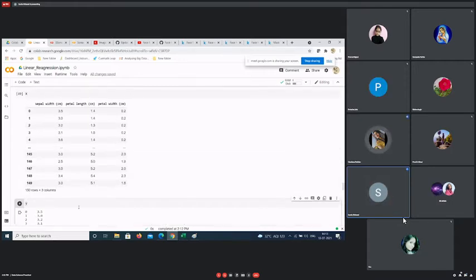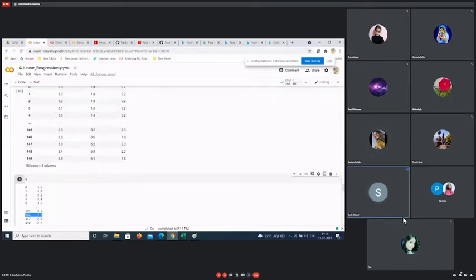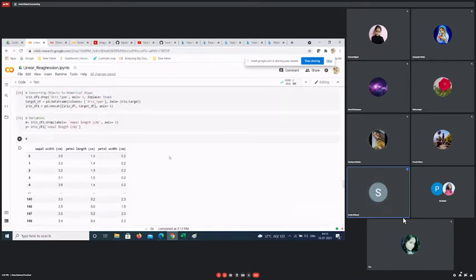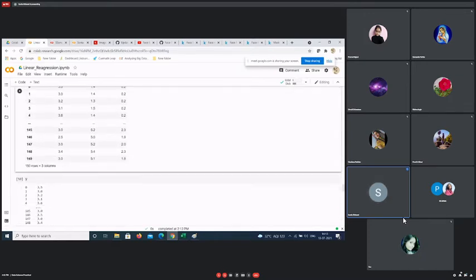Ma'am, in this y is sepal width only. Ma'am, that is the sepal width value, not the sepal length. No, beta, it is sepal width now. Okay, one minute, I have to rerun it. Is it okay now?